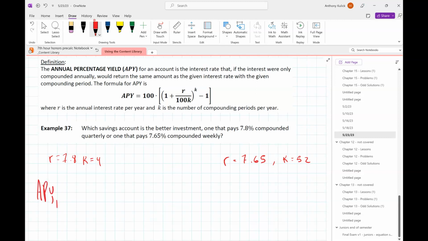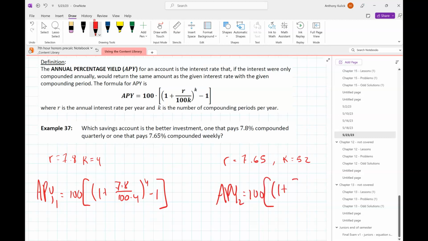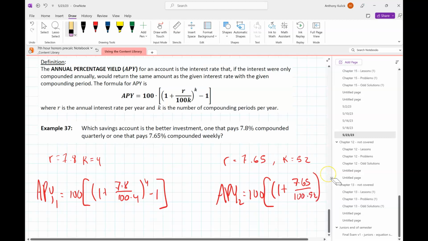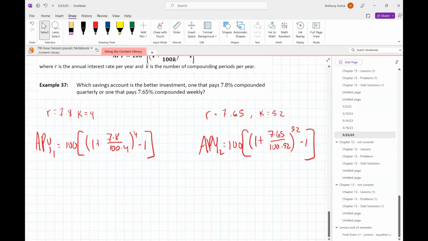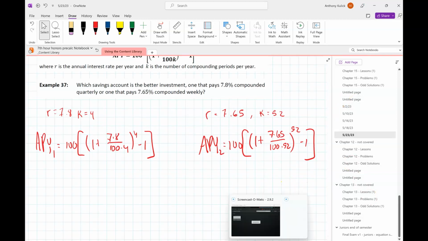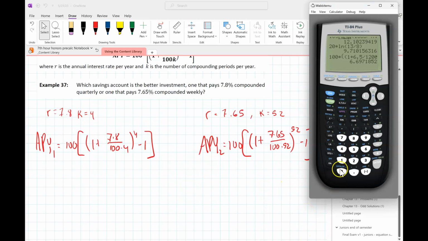So all I'm going to do is calculate the APY for both of them, and see which one gives me the higher number, right? So I'm just plugging both of those two into the compound interest formula. And then it's calculator time.